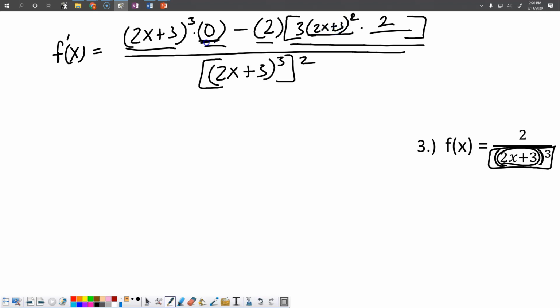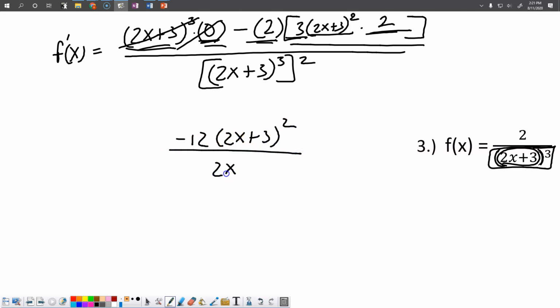Now in this case, this 0 cancels out this whole thing. 0 times anything is 0. So that's just gone. And then we can multiply negative 2 times 3, which is negative 6, times 2 is negative 12. So we get negative 12, parentheses, 2x plus 3 squared over 2x plus 3.